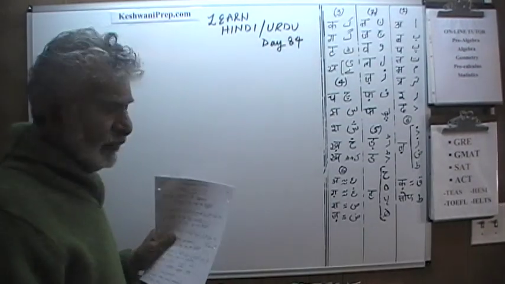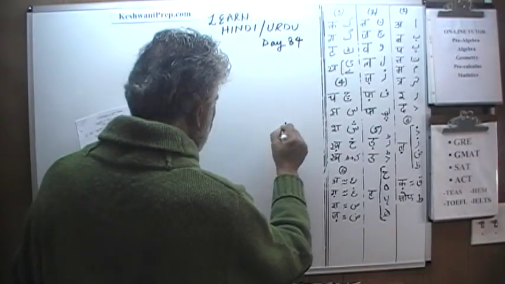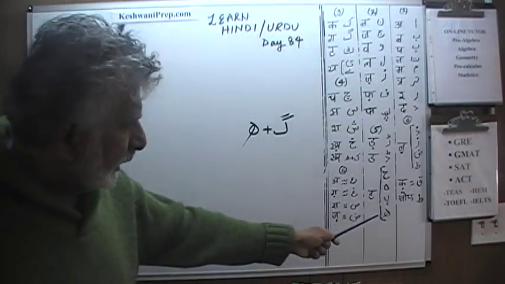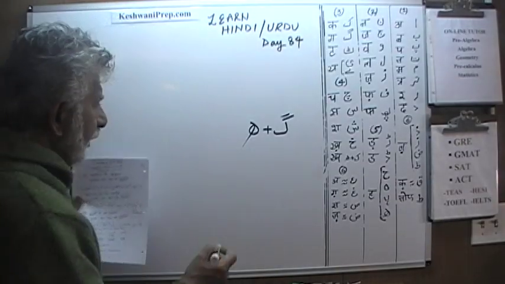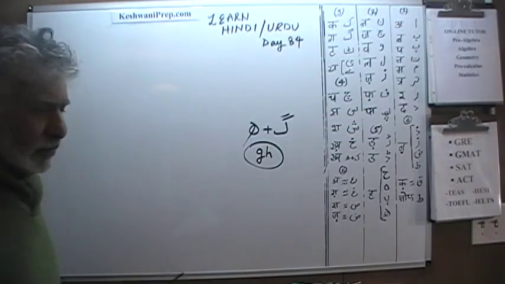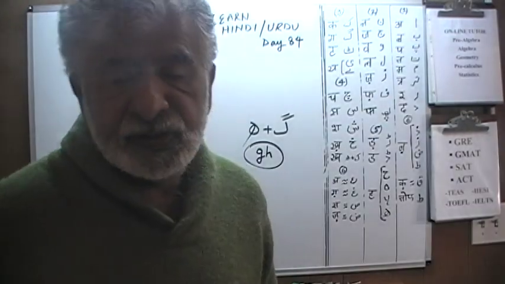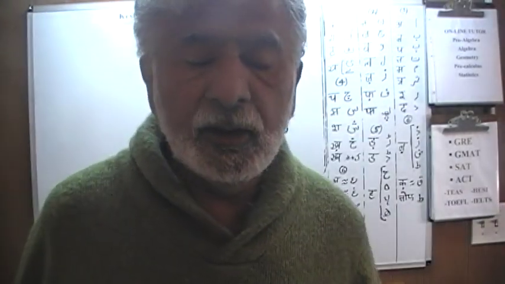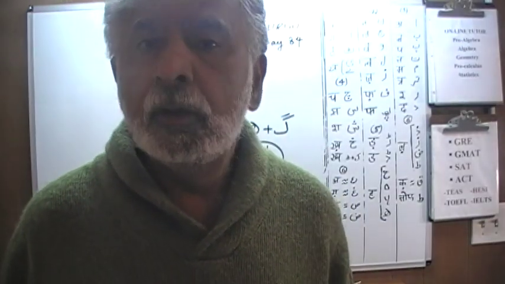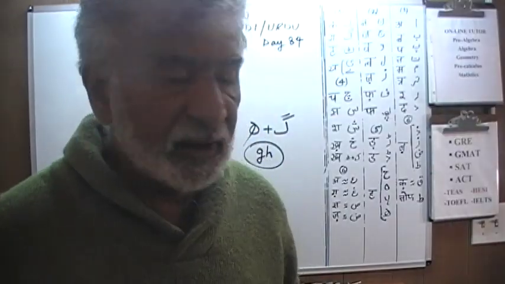The next letter is gh, which is a gaf and a do chashmi he here. Right there. I keep pointing to it. Just like in English, you would do G and H. That's going to give us gh. Why G and H? Because English does not have a letter that produces a gh sound. Neither does Urdu. So we do exactly what you do in English.